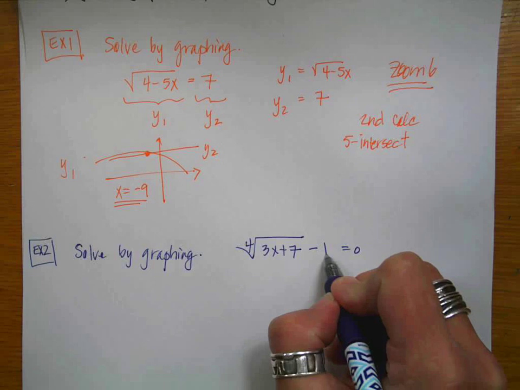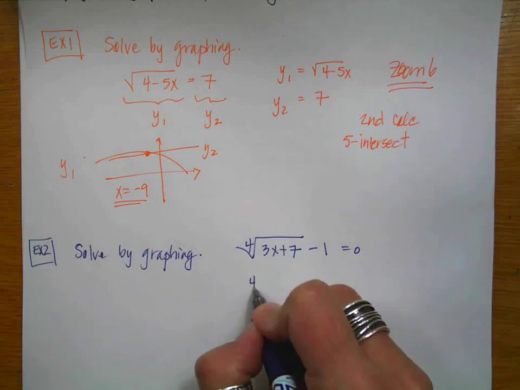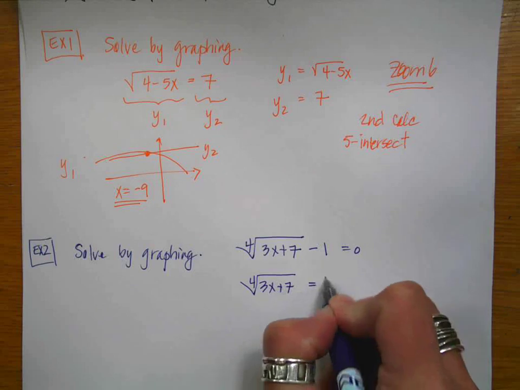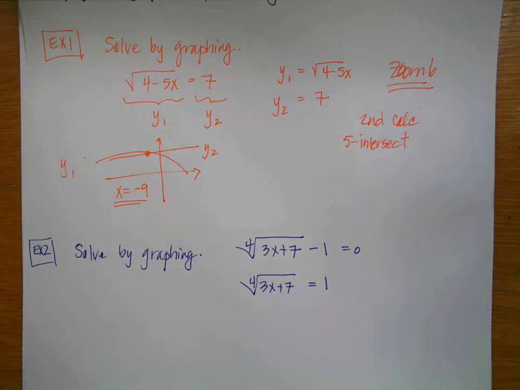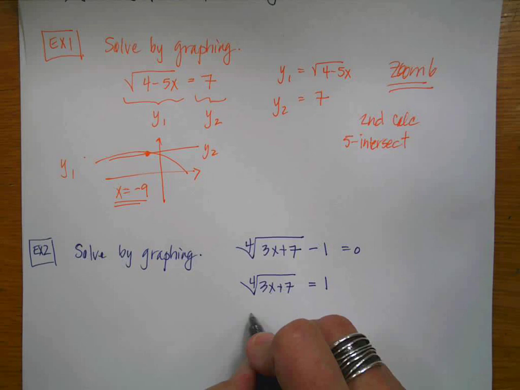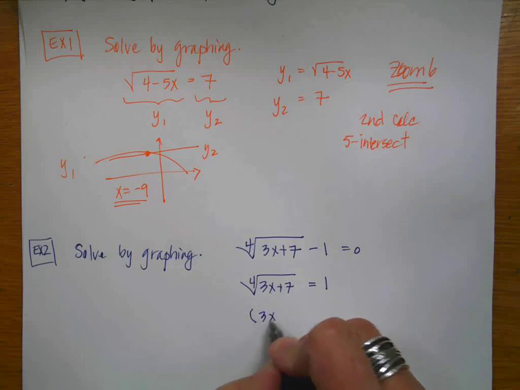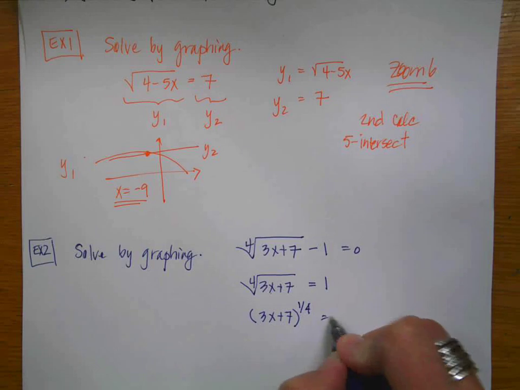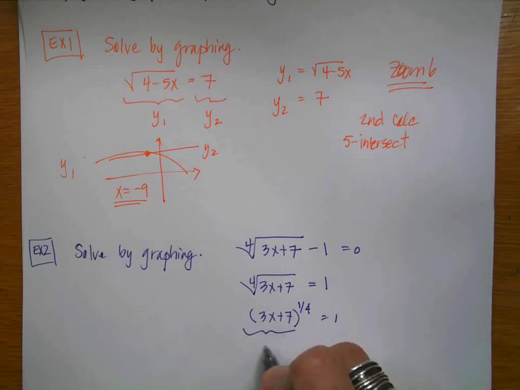I'm going to start by moving the 1 to the other side. So I'm going to write the fourth root of 3x plus 7 is equal to a positive 1. And when I put this in my calculator, I'm going to do 3x plus 7, and raise it to the 1/4 power is equal to 1.